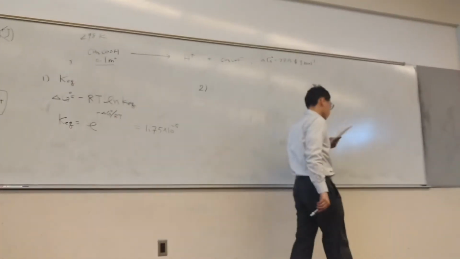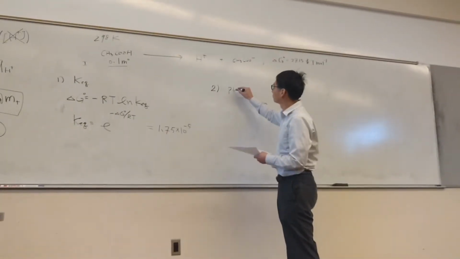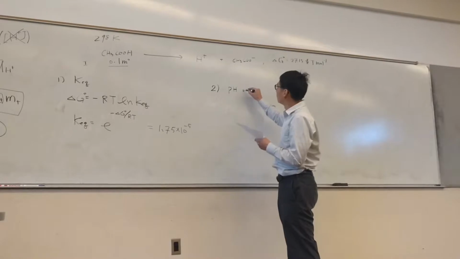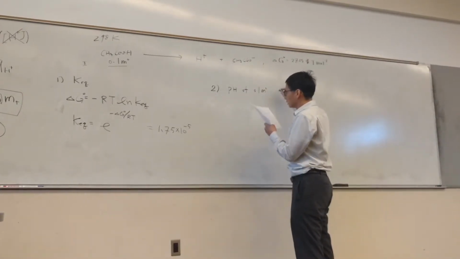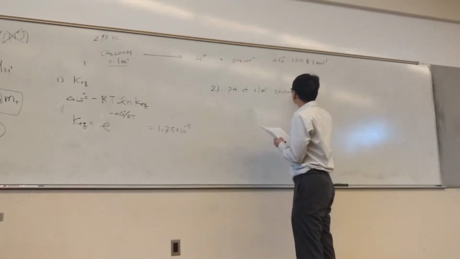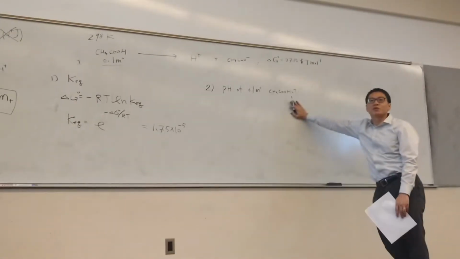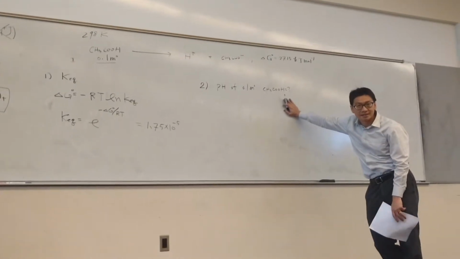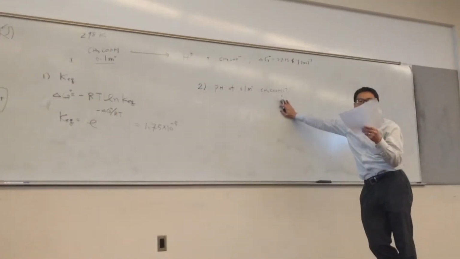Okay, second questions. I want to know what is the pH of 0.1 m naught acetic acid. We actually go through this previously, right? This is a weak acid. So you're going to do this iteration again.